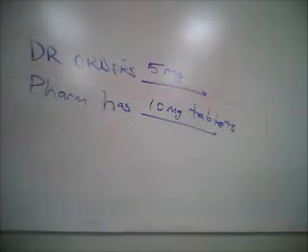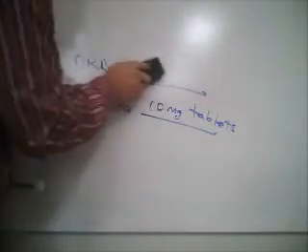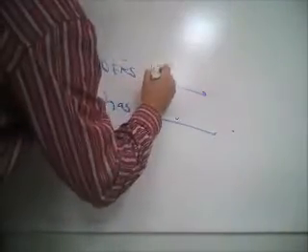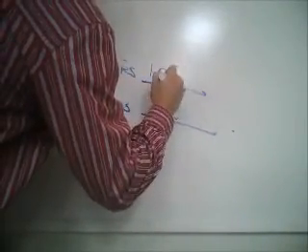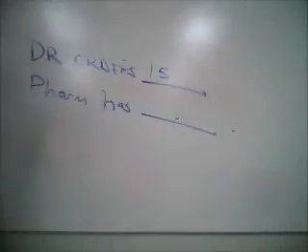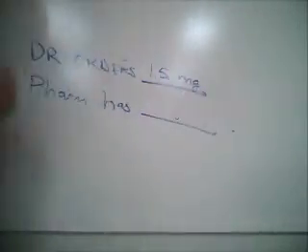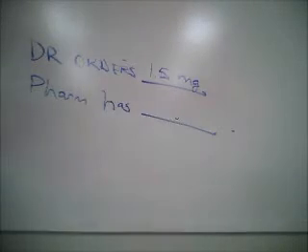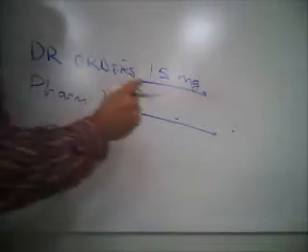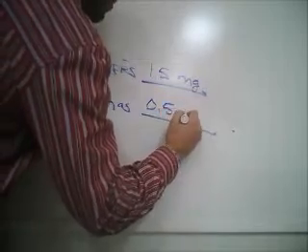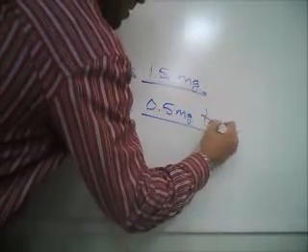All right, going on to C, we have Xanax. We're going to change our numbers a little bit. We have 1.5 milligrams as a dose that the doctor wants us to give to the patient, but the pharmacy has 0.5 milligram tablets.